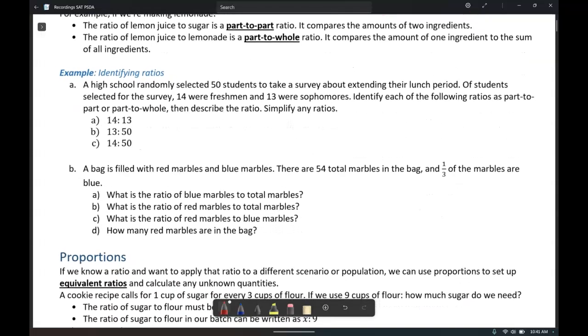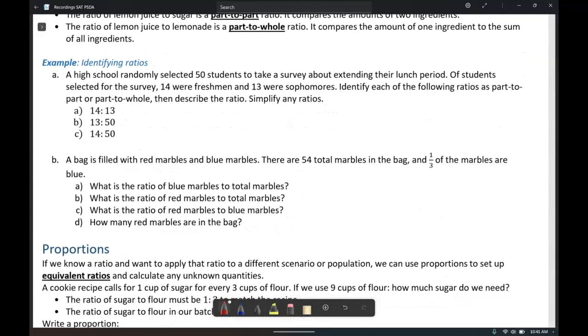So let's take a look at a couple examples. A high school randomly selected 50 students to take a survey about extending their lunch period. Of the students selected, 14 were freshmen, 13 were sophomores. Identify each of the following ratios as a part-to-part or a part-to-whole, and then describe the ratio. Simplify any ratios that we can. So 14 to 13.